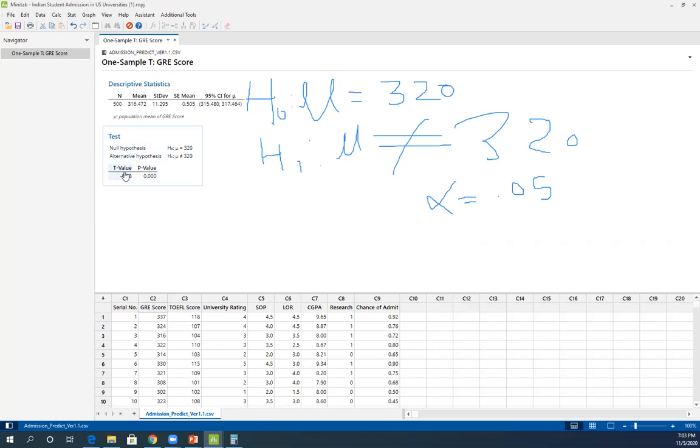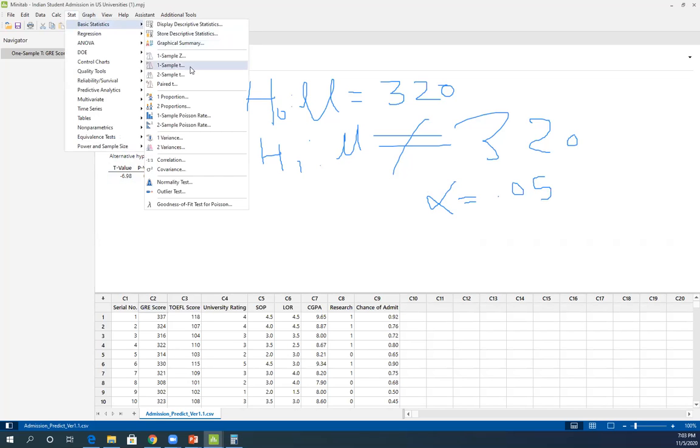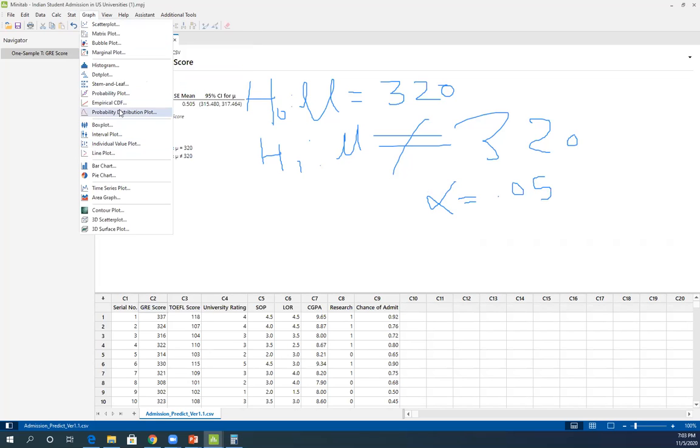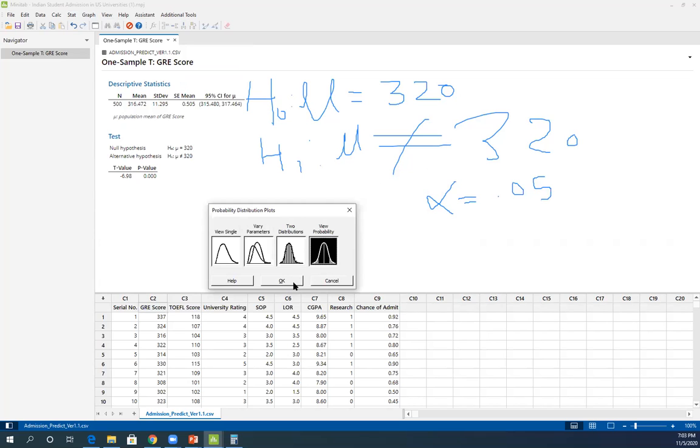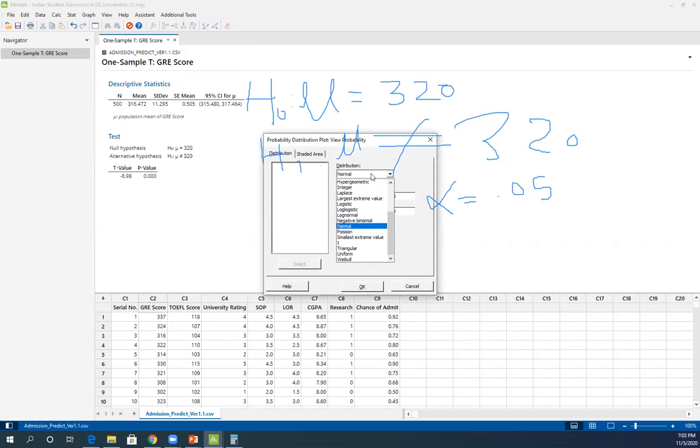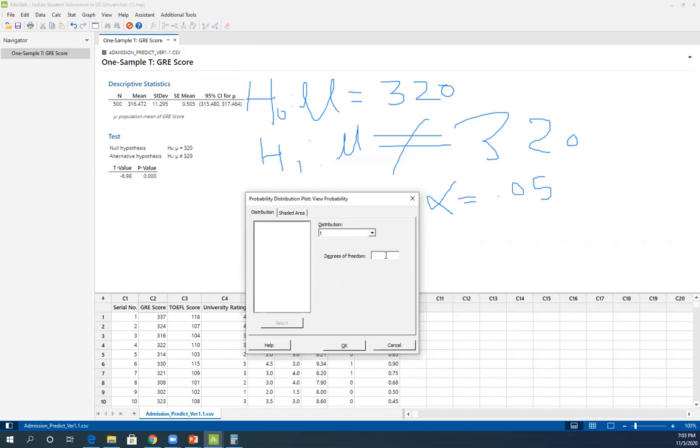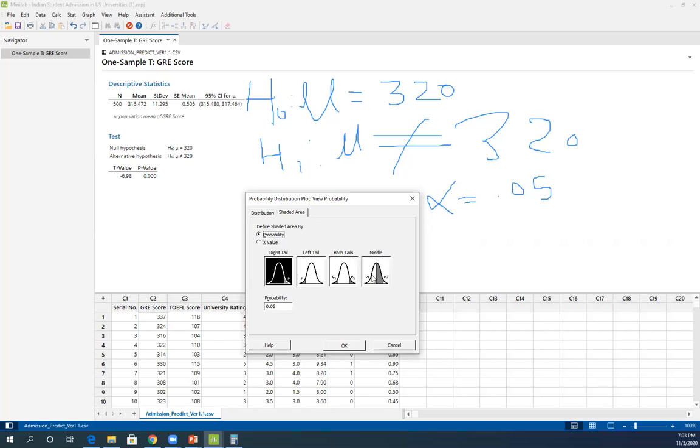I'm going to check the t critical values: basic statistics, graph, probability distribution, t, and degrees of freedom, which is 449 because we have 500 samples. Then the shaded area, and we are checking 5%.